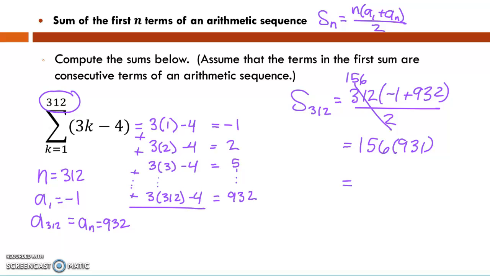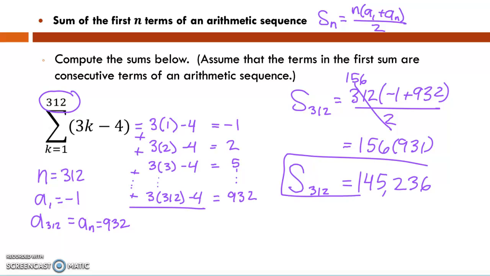And then I say this as the sum of the first 312 terms is 145,236. So we can see why adding 312 terms would be awfully difficult, but with our equation it makes it quite nice. That is part 2 of sum of the first n terms of an arithmetic sequence.